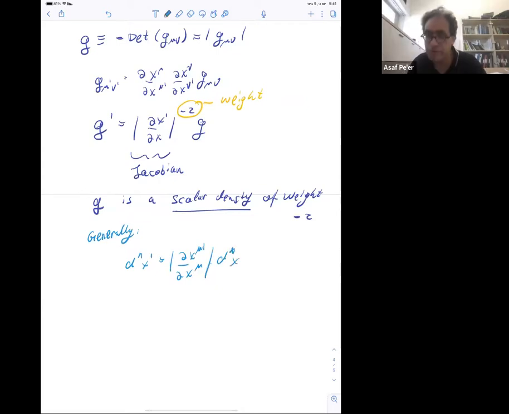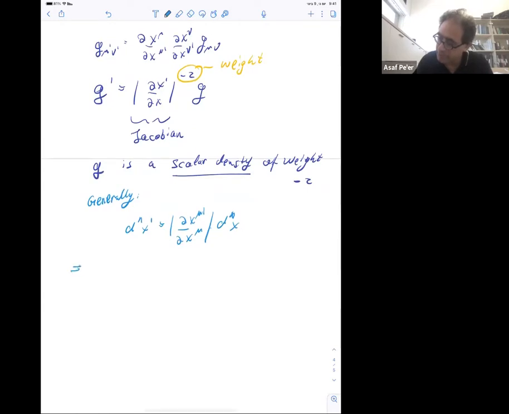This I believe you've seen in one of your mathematical physics courses. And that means that the invariant volume element is square root g d^n x.